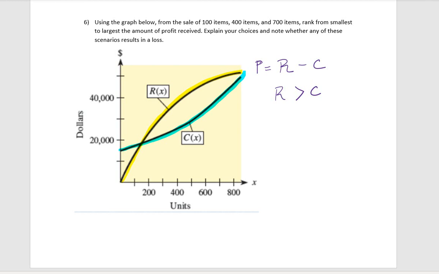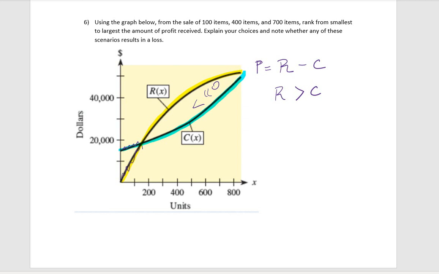So if we look at the tail of this fish, it kind of looks like a fish here, with its little gills. If you look at the tail of the fish, it costs more than we're making to produce this item.